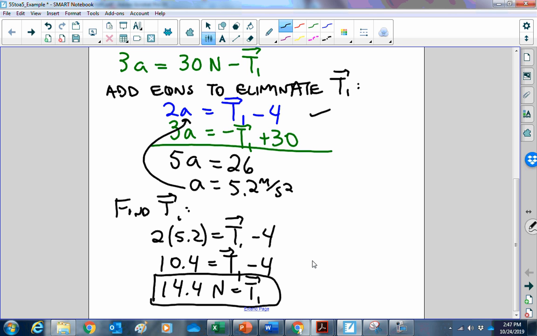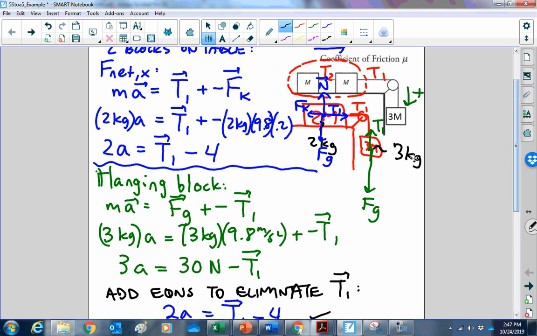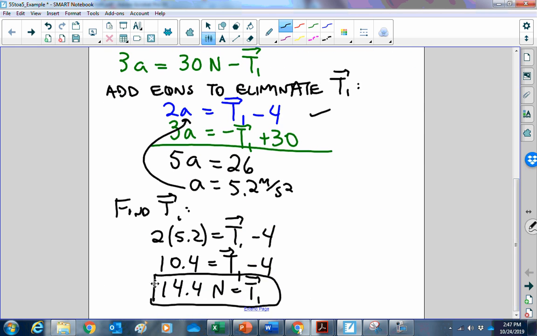That should be less than gravity here, which is 30 newtons worth of gravity, and it doesn't surprise me that this is less.